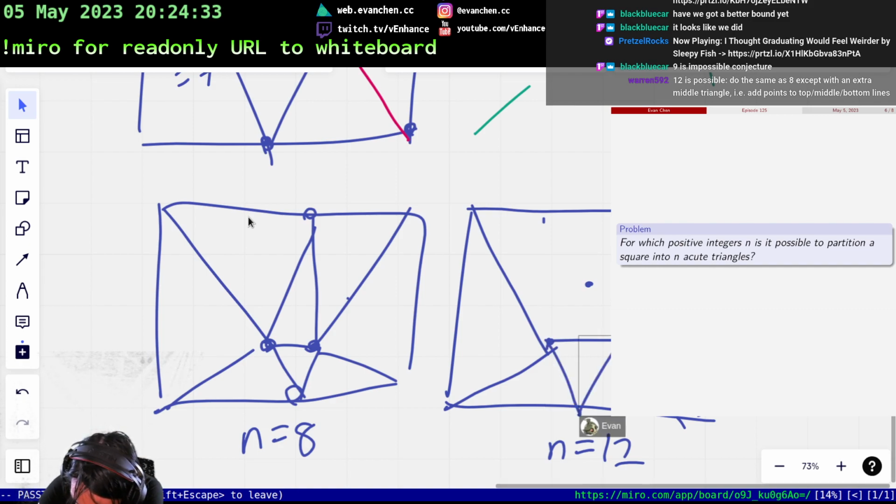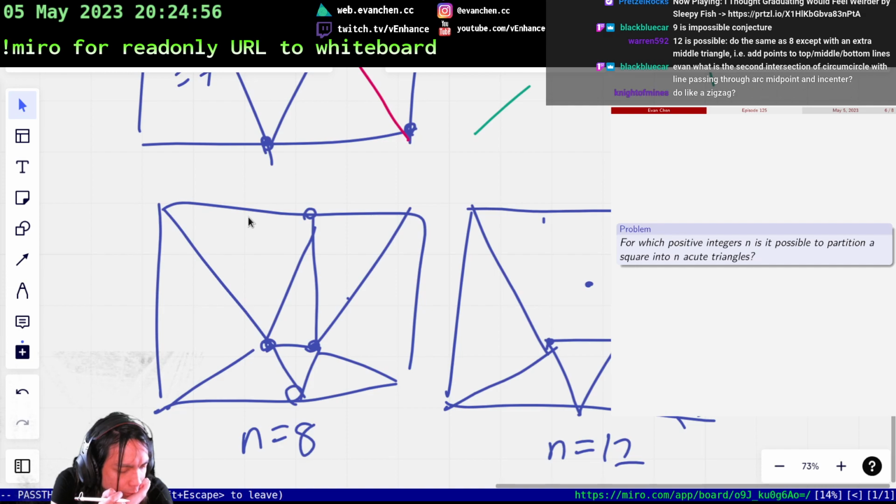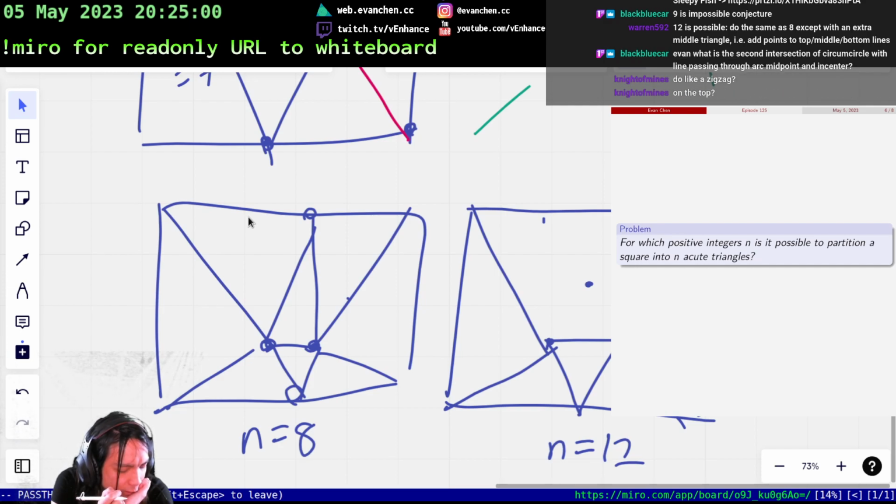So I take this construct and I want one more center triangle. Line, arc, midpoint, and in-center. It's either... it's like the zigzag on the top.